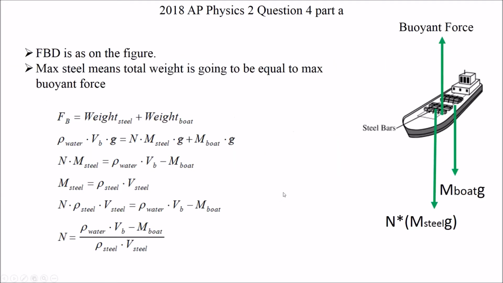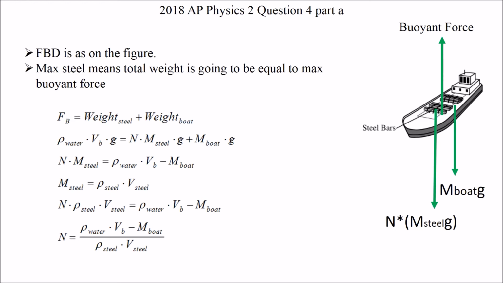All right, the last question. What we have in the question is a large boat like this, with some steel bars on that boat. Let's read the question, because you need to know the question first. A large boat like the one shown above has a mass mb and can displace a maximum volume vb.